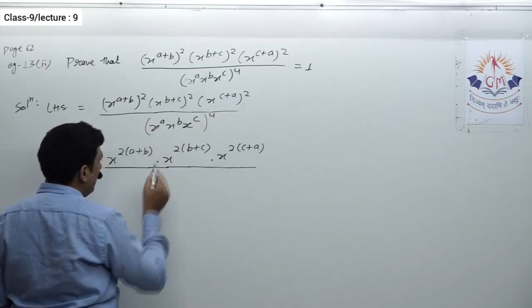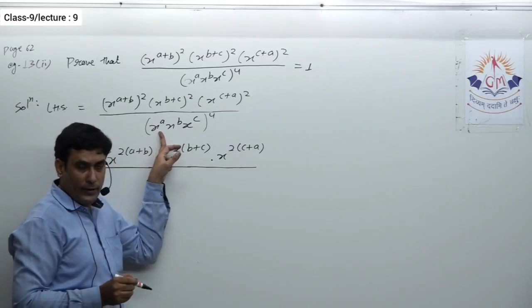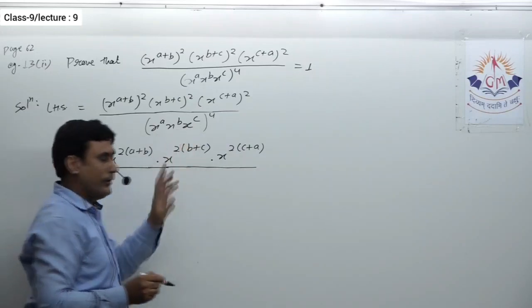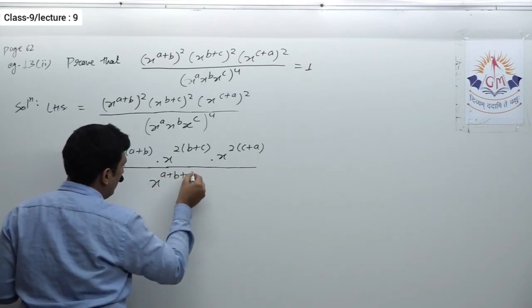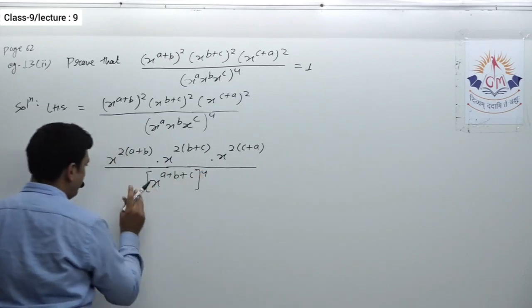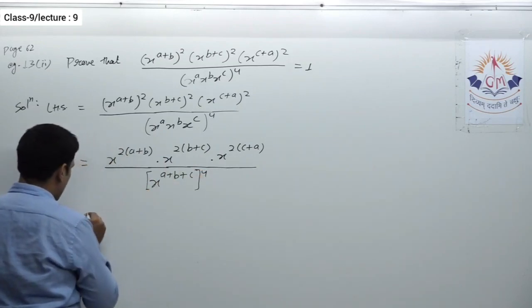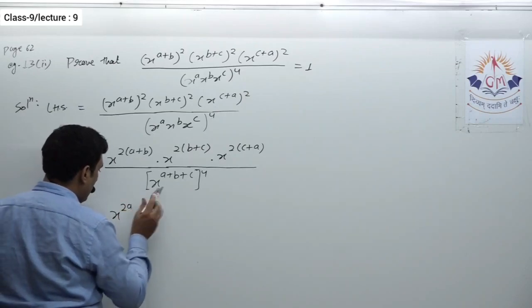So here again, see, first of all I can apply the product law over here. x raised to a into x raised to b into x raised to c. So I can write x raised to a plus b plus c raised to 4. Okay, now this becomes x raised to 2a plus 2b.